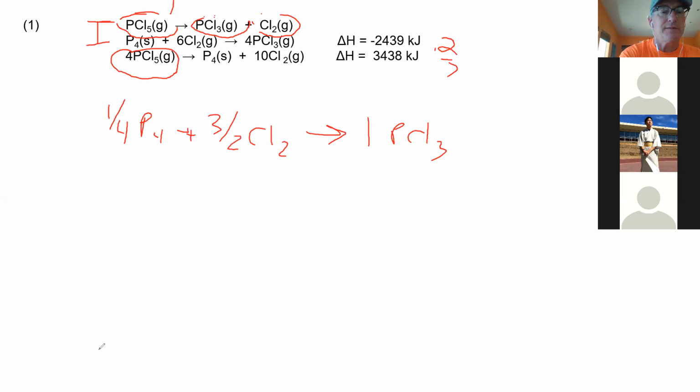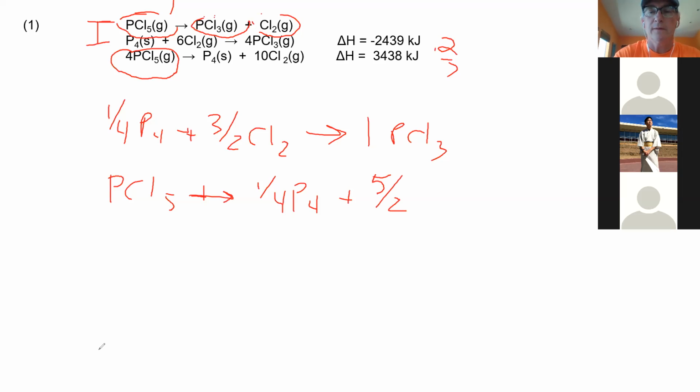So the bottom one would be PCl5 goes to 1/4 P4 plus 10 divided by 4 would be 5/2, right? 2.5 Yeah, that's right, chlorines.